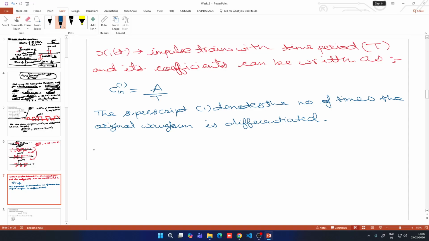And similarly for x2 of t, it's also an impulse train.